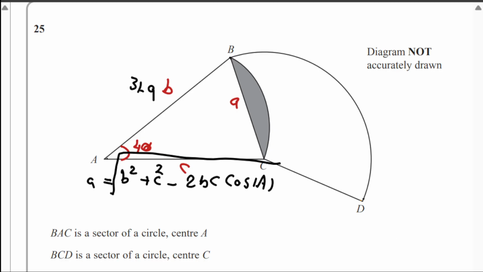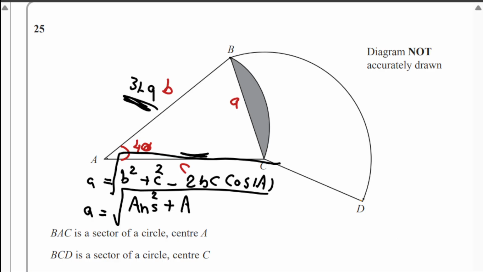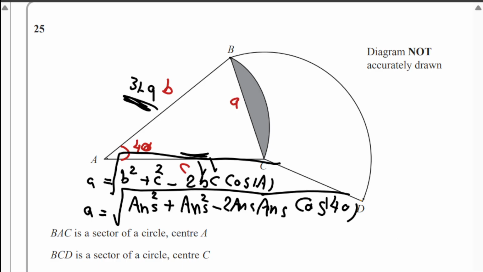That gives me a. Now, in the calculator, I write a equals the square root of, b is answer, because I have this in the calculator. That's the last number I got. So I'll do answer squared plus this is also similar to that, so it's plus answer squared minus 2 answer cosine 40, because b and c are both answer in the calculator. If you do this, you will get this length.